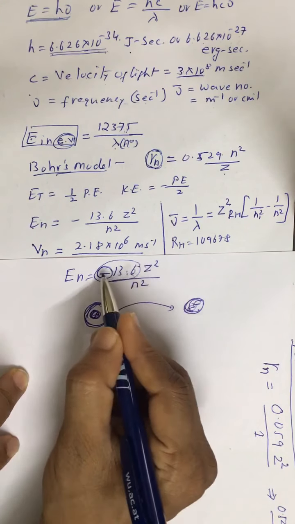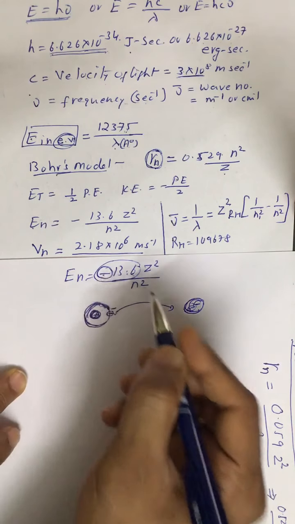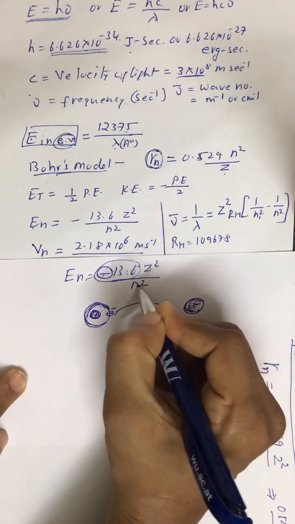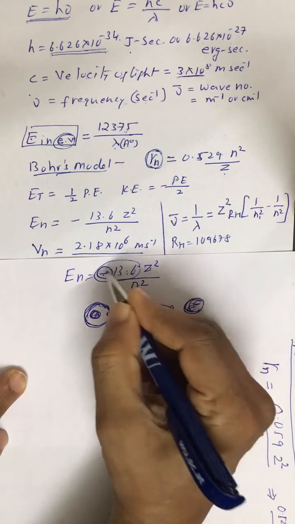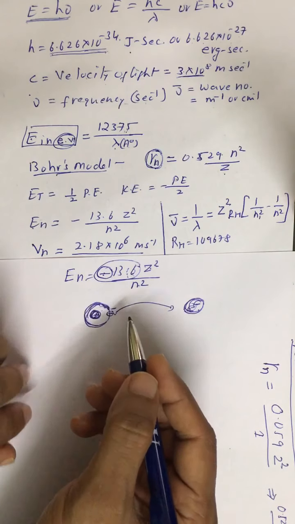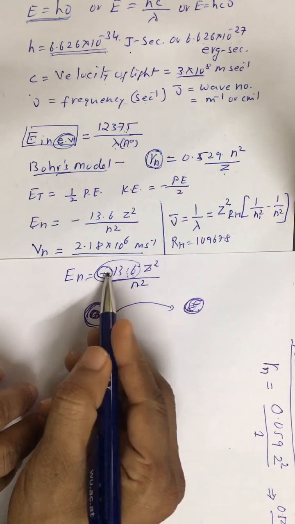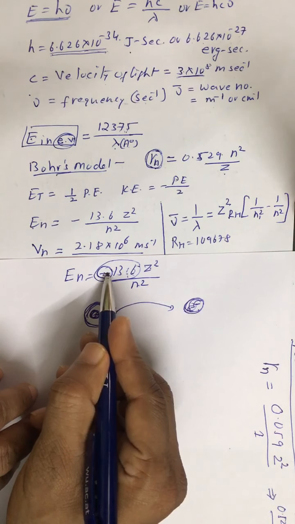And since energy is released, we put a negative sign. For hydrogen atom, Z is 1 and n is also 1. So En is equal to minus 13.6. That means when this electron was introduced, this much amount of energy was released.